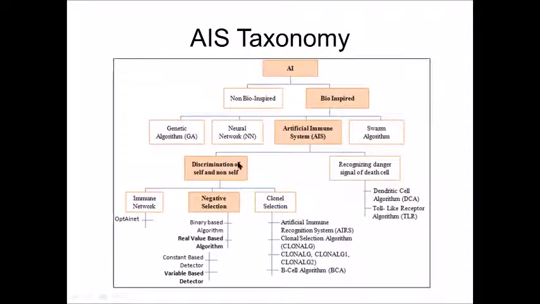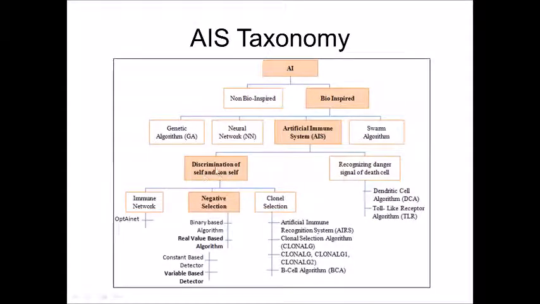In the conventional paradigm, it is based on the discrimination of cells as self and non-self cells, which I explained just now. This is considered as a traditional or conventional view of how our body immune system functions.